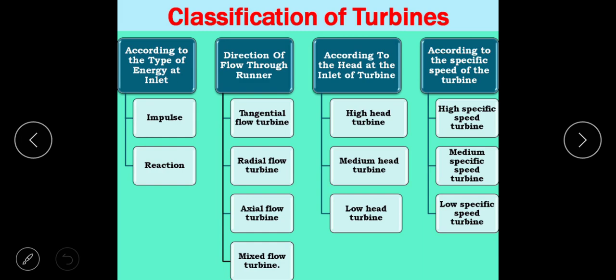If you see the classification, you can observe here impulse turbine, reaction turbine, according to the type of energy at inlet.